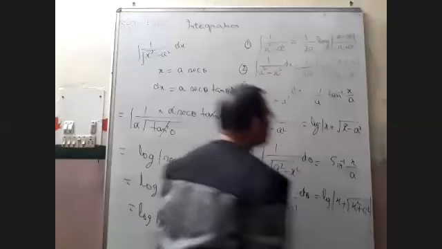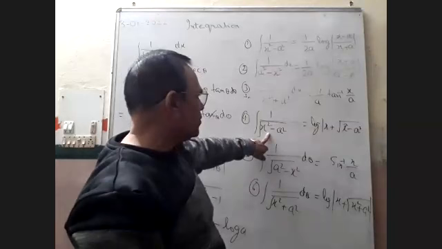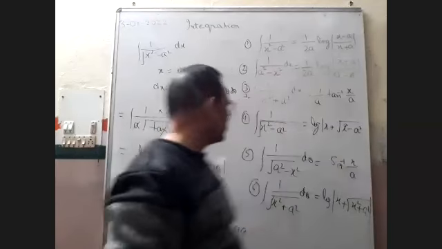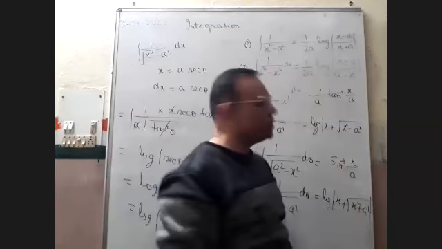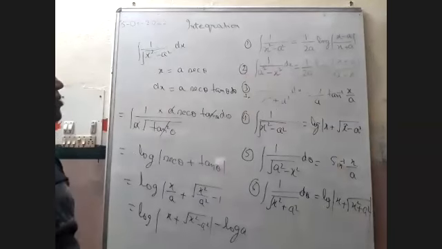The difference is only that in the earlier one we have x square minus a square, and here we have x square plus a square. So these are the formulas you have to memorize.